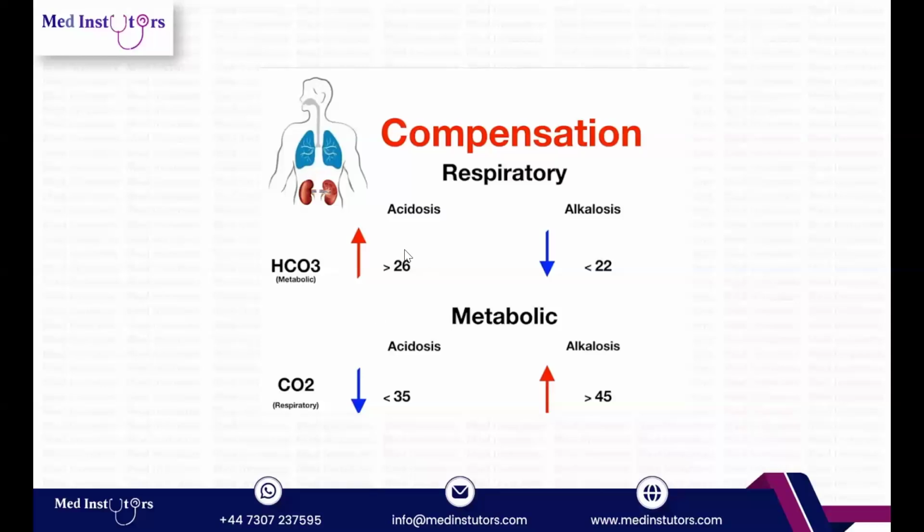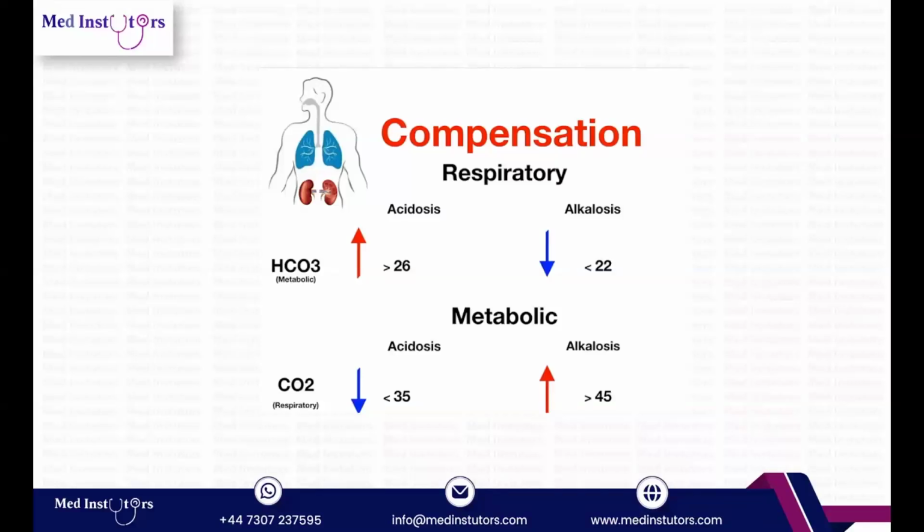For example, for bicarbonate ion, we know the range is 22 to 26. For acidosis compensation or alkalosis compensation, the value should be more than 26 or less than 22. If the values are out of their normal ranges, that means now you may go with the option of compensation, and the same goes for carbon dioxide. If it is out of its normal range, that means there is some compensation going on.